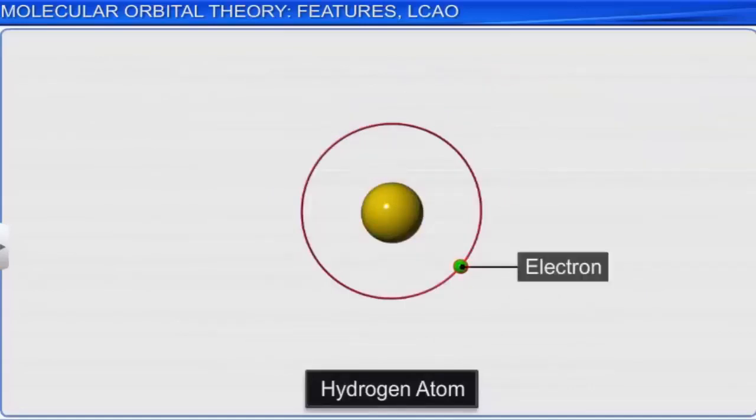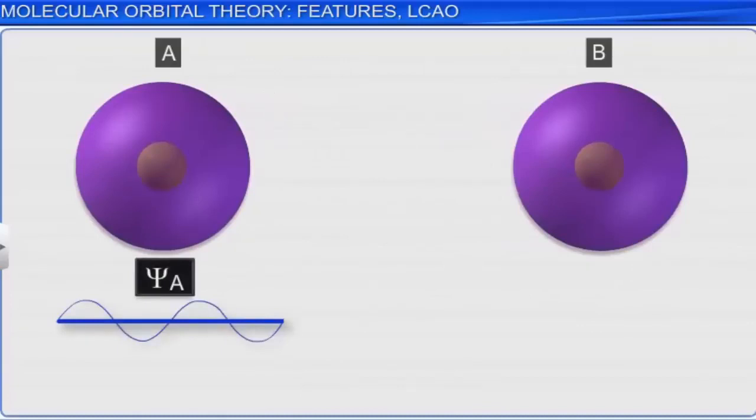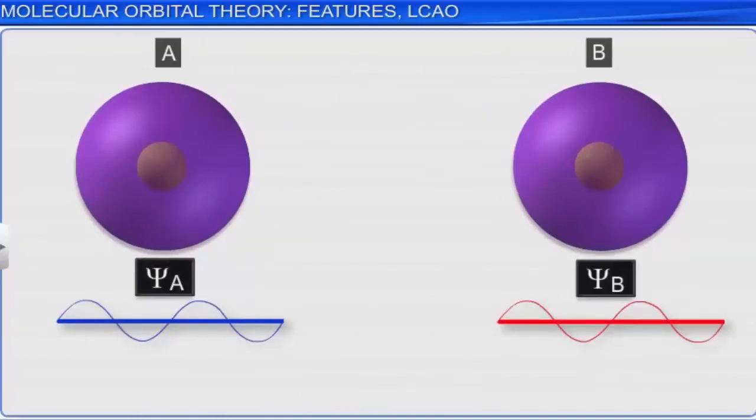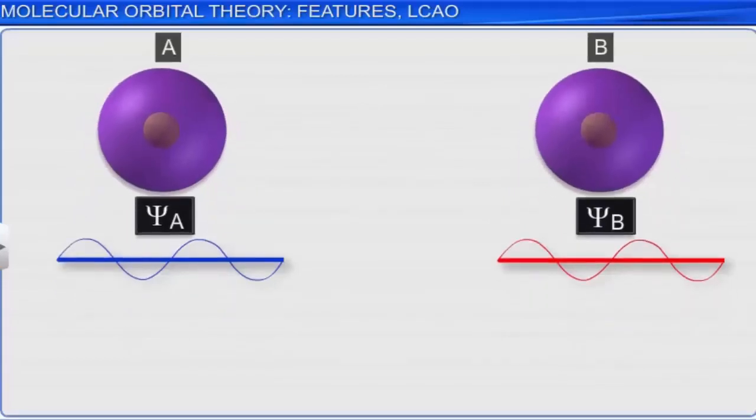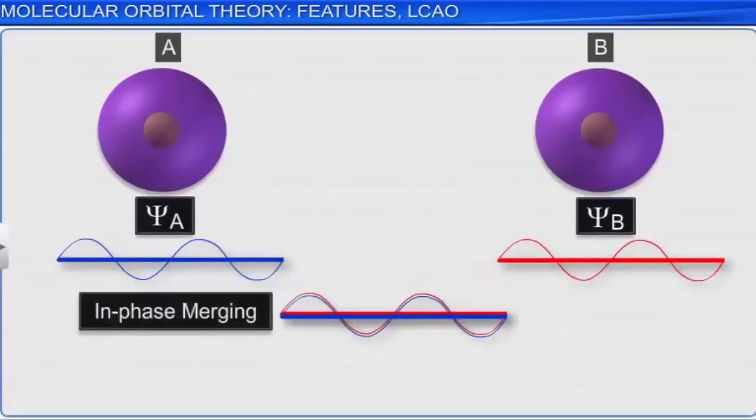Let's represent their wave function as psi A and psi B. Now, there are two ways to add the wave functions. One is when these wave functions are in phase, either both plus or both minus. And the other is when the two wave functions are out of phase, one plus and the other minus.